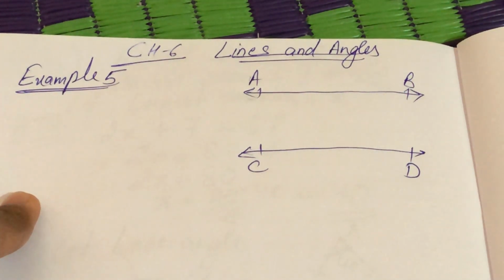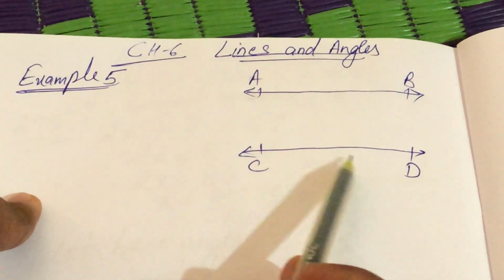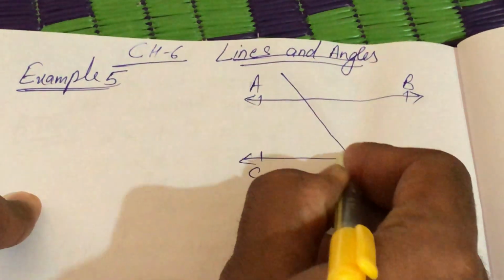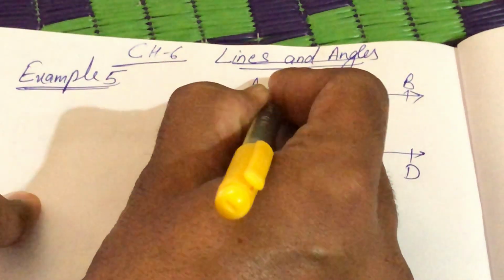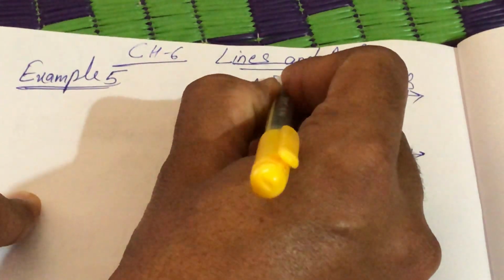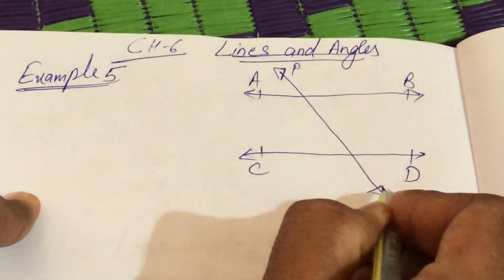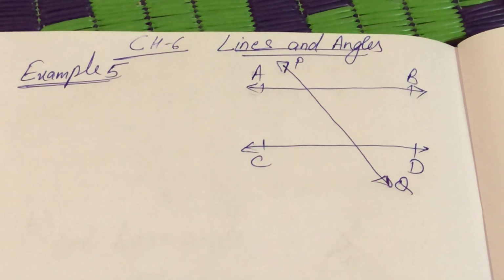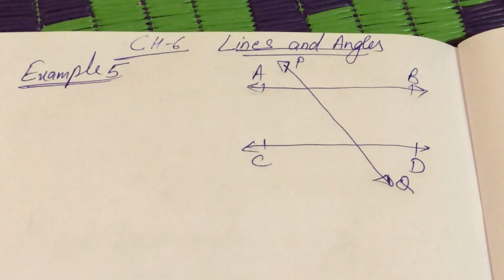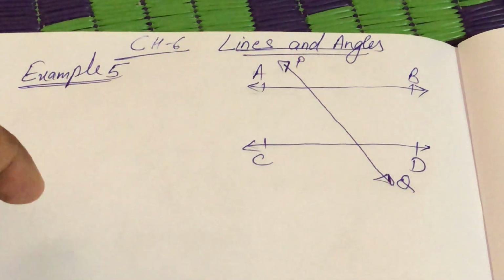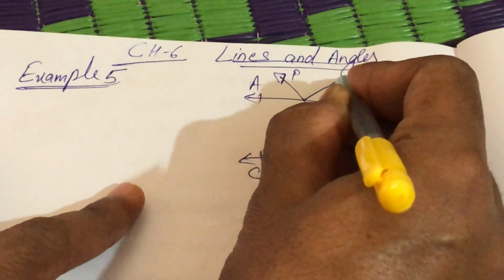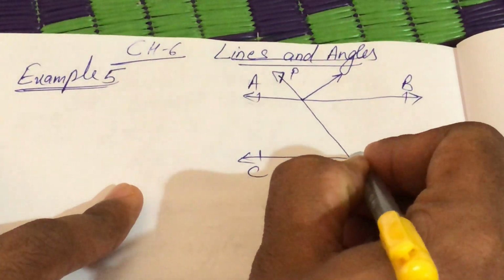The question is saying, if a transversal intersects two lines, I'll make a transversal. Yes, this is the transversal. You can name it as PQ. This PQ is intersecting this AB, and the bisectors of the pair of corresponding angles, this one and this one, are parallel.